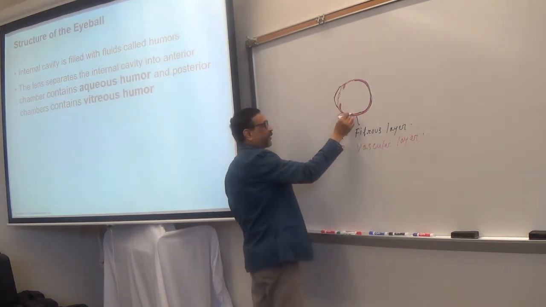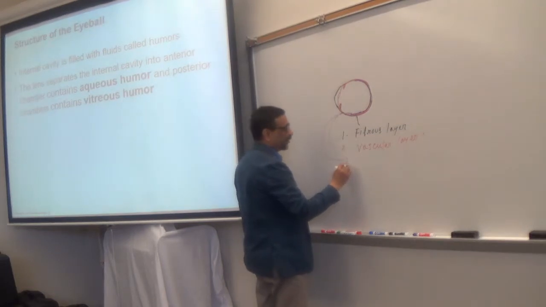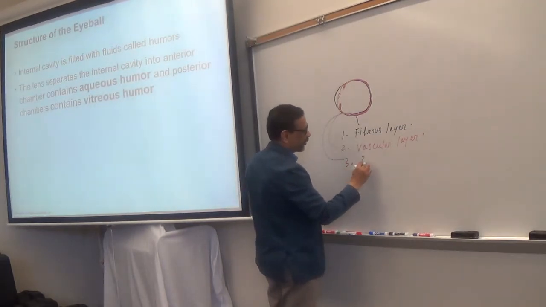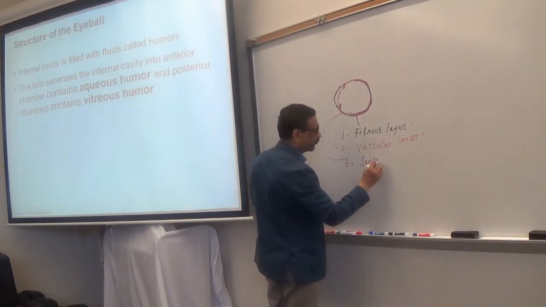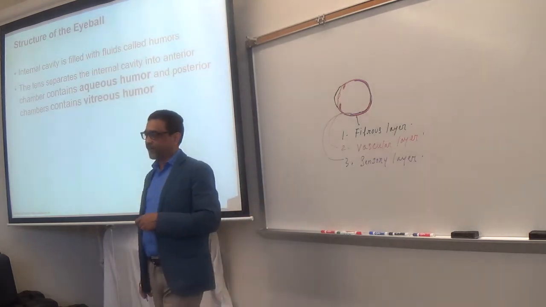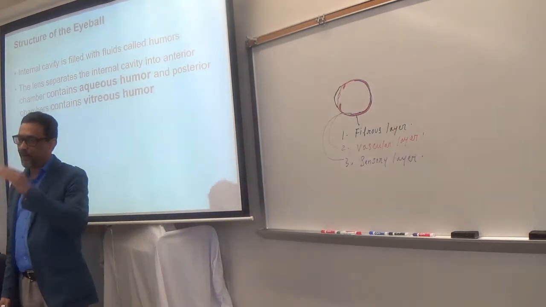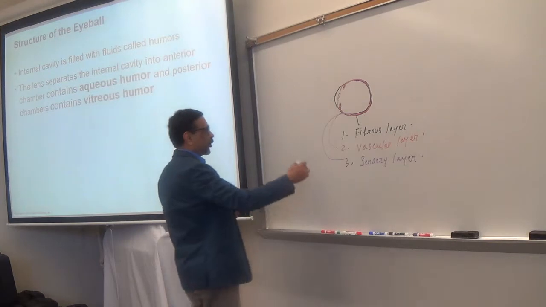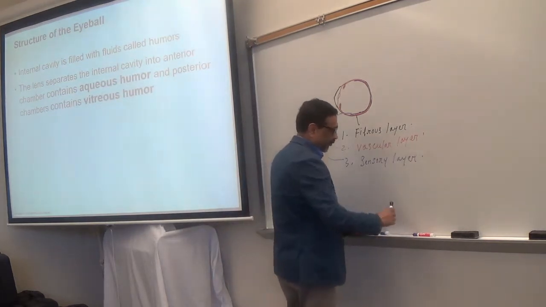And this is the innermost layer. This is called sensory layer. Okay? So those are the 3 layers in the wall of the eyeball.